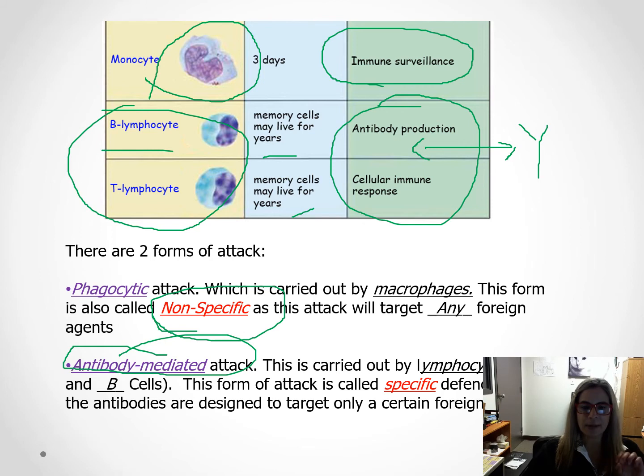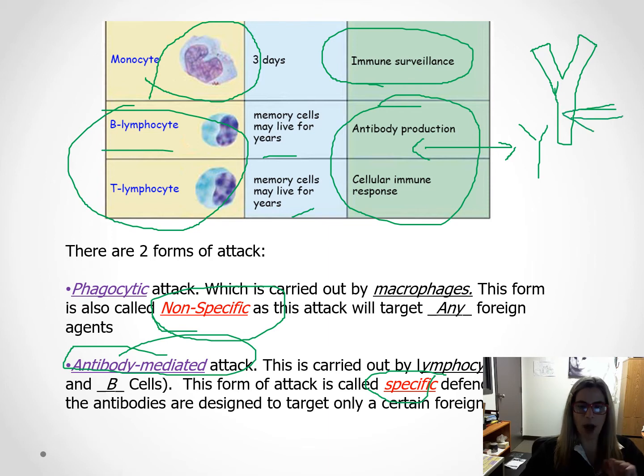So anytime antibodies are involved, we call that specific defense, because remember what we said, antibodies are capable of addressing one pathogen only. So when we look at the shape of antibodies, and I know we did talk about this before when we were talking about macromolecules, I think, actually. So we have this constant region in our Y-shaped antibodies. So all antibodies have this constant kind of stem on the Y that is the same.